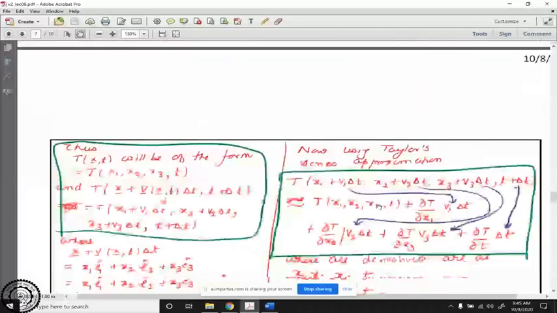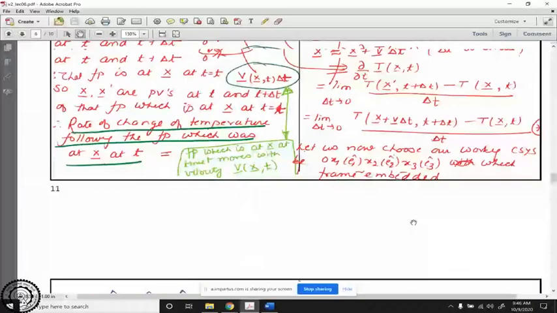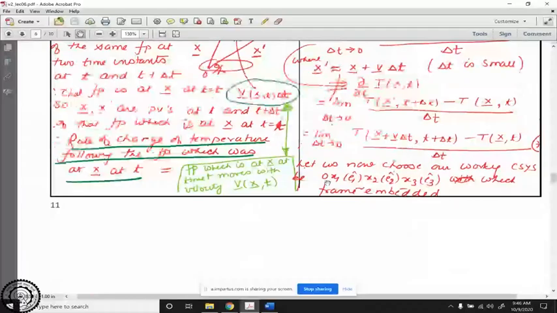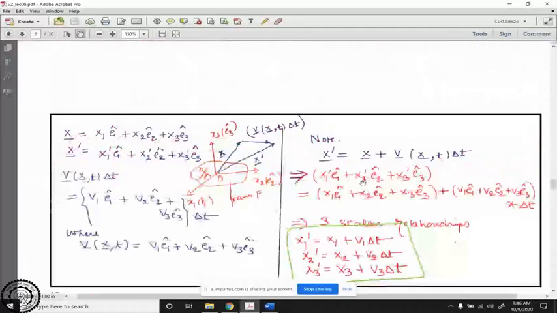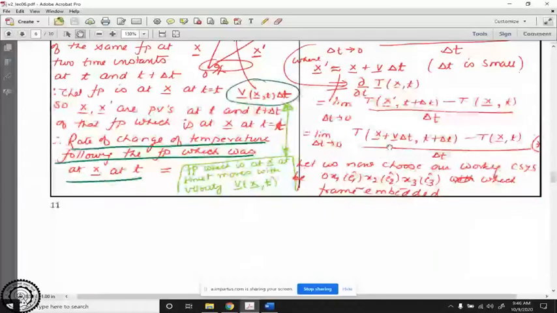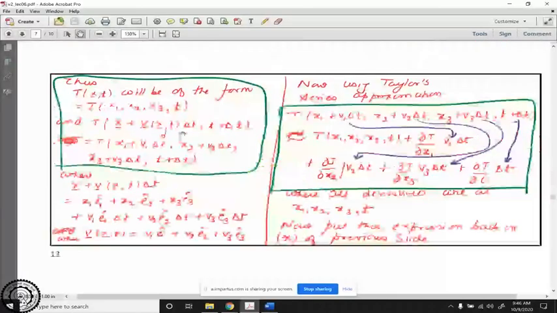All right. I go and plug it back here, in this expression. Actually, when I say I plug it back here, everything is happening within the arguments of T. T is a scalar, but only the arguments I will now start writing in terms of components of the vectors. So this is what it is.